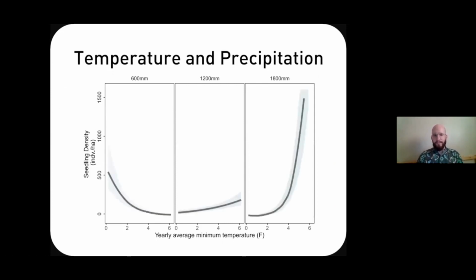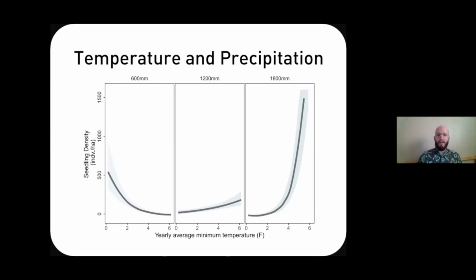You can see there's an interaction that shows that seedling density is greatest in the dry areas when the temperature is cooler, and then as you move into wetter areas, seedling density increases with temperature. And this probably underlies a water stress gradient.